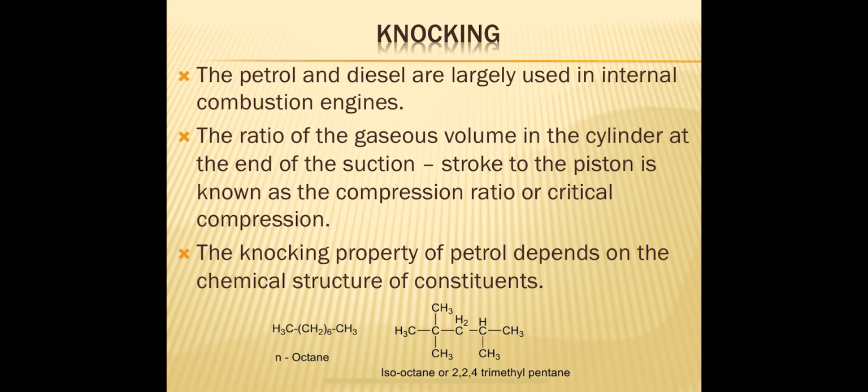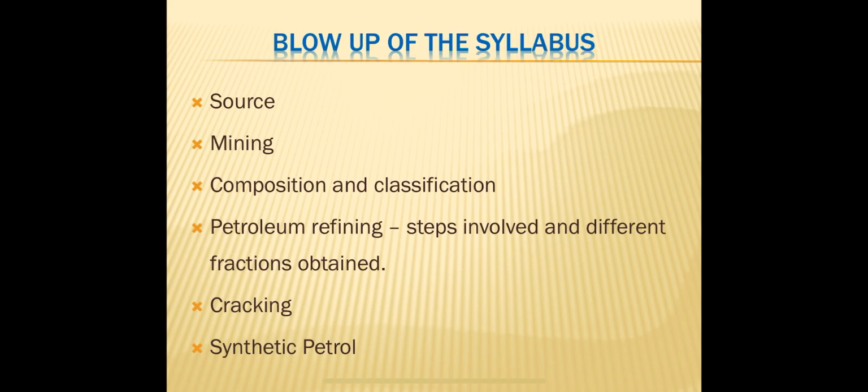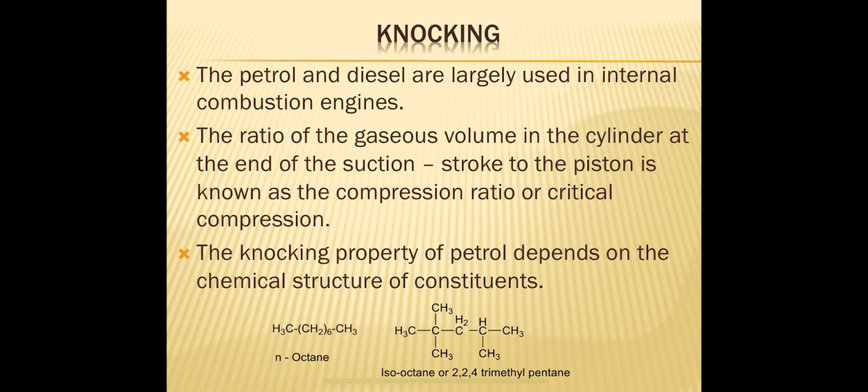As the chain length increases, the knocking property of alkanes increases. Branched chain alkanes have lower knocking property than straight chain alkanes containing the same number of carbon atoms. For example, n-octane has a higher knocking property compared to iso-octane.